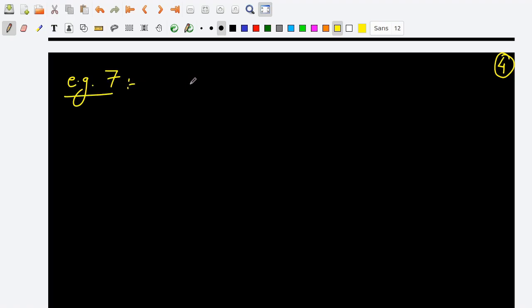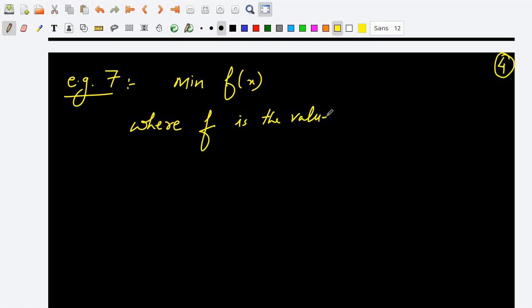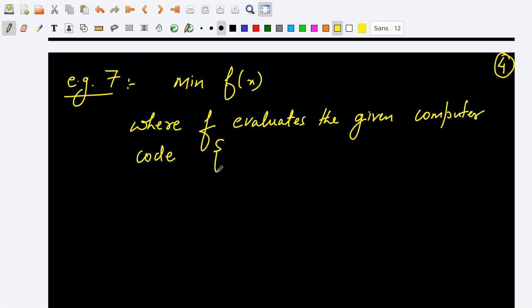It might be a complicated computer code, where f evaluates the given computer code, which could be potentially thousands of lines.